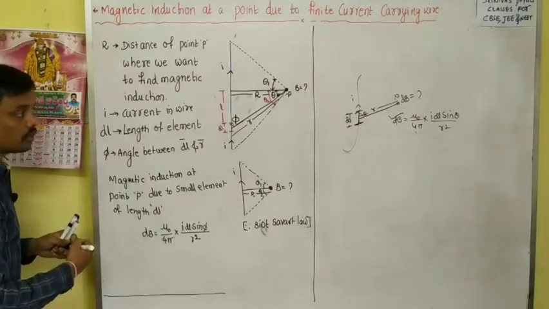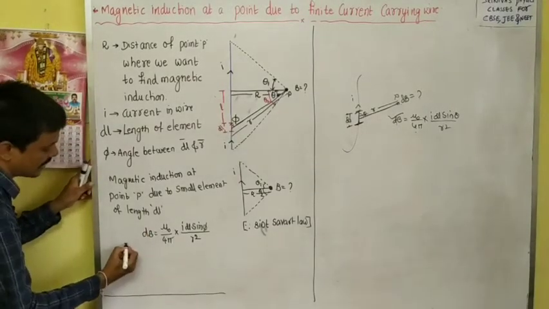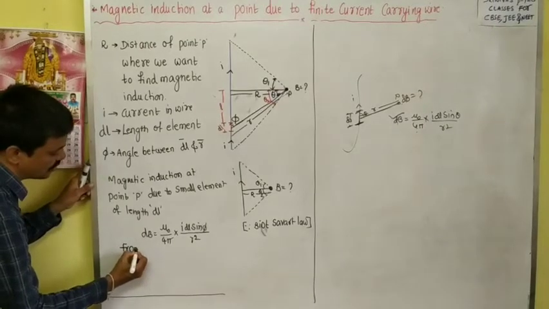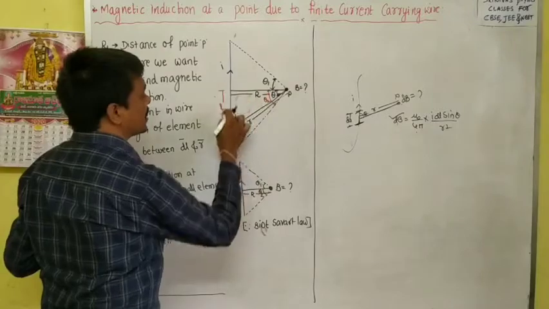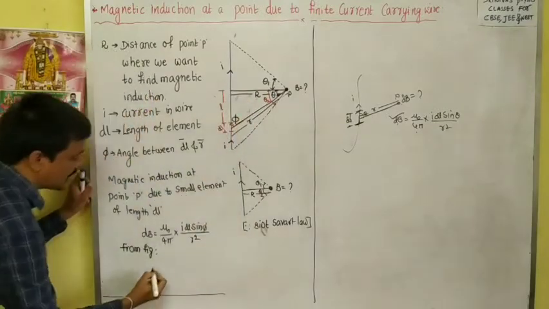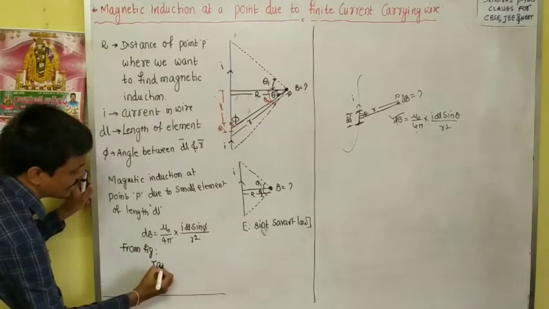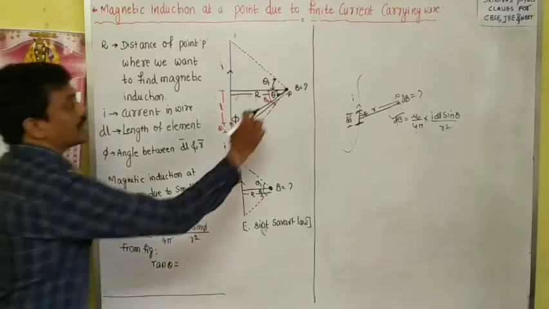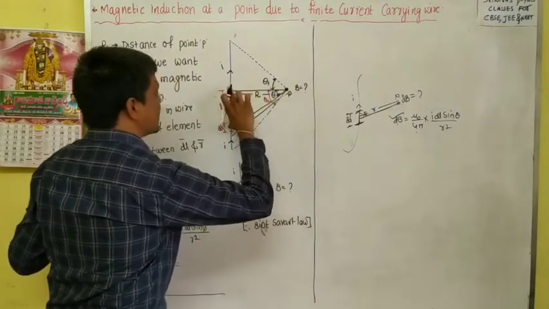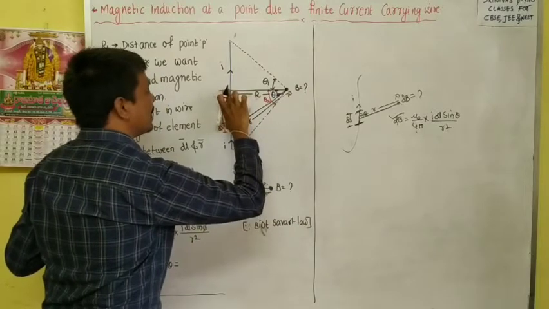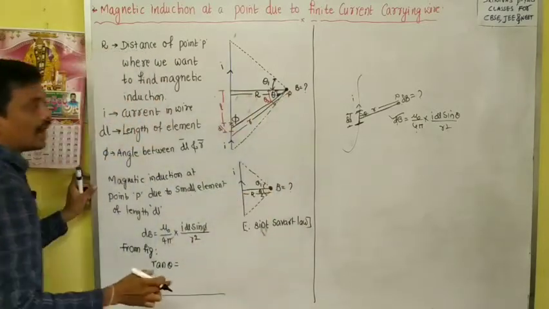For that, from the figure we can write something. From this triangle, tan theta is equal to what? This is the triangle, theta is this angle. Tan theta is equal to the opposite side, which is L, by the adjacent side.